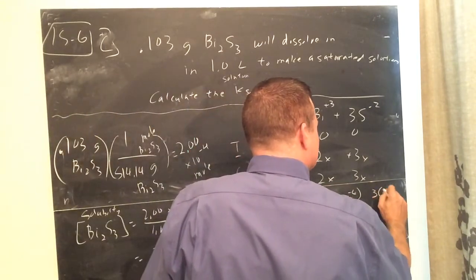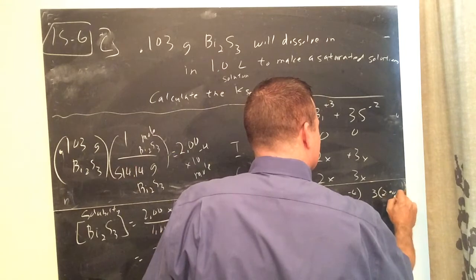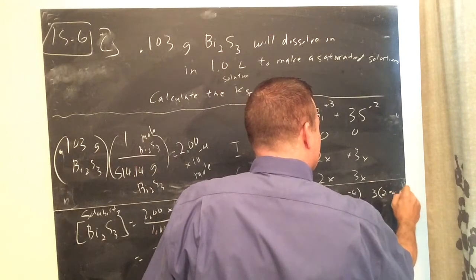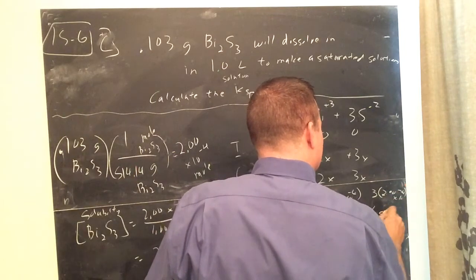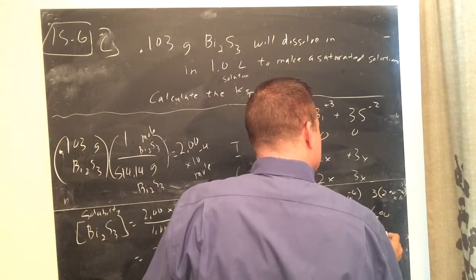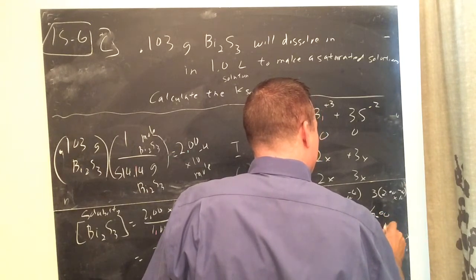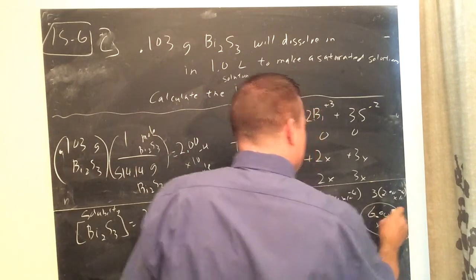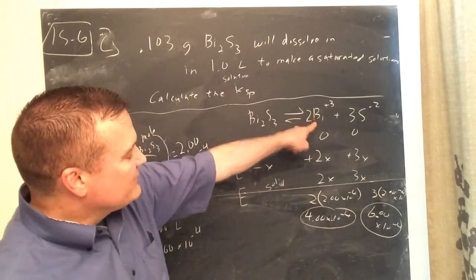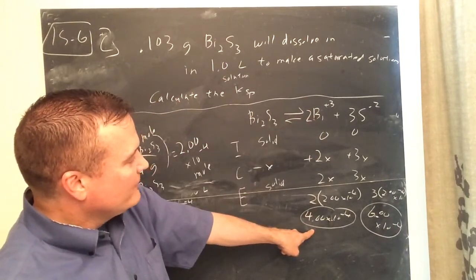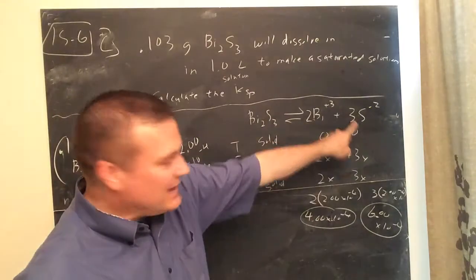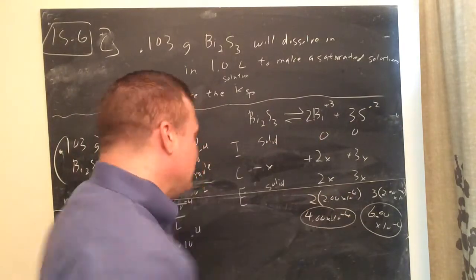Actually, it's good that I picked this other number, because the math would be easier. Of course, the value we'll get will be different than what it would have been, but oh well. 6 times 10 to the negative 4. Okay, so the molarity of bismuth is 4 times 10 to the negative 4. The molarity of sulfide is 6 times 10 to the negative 4.